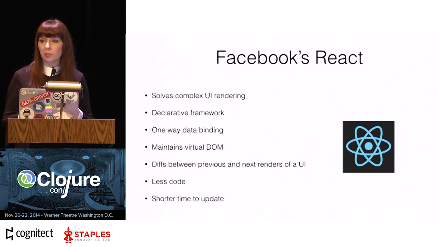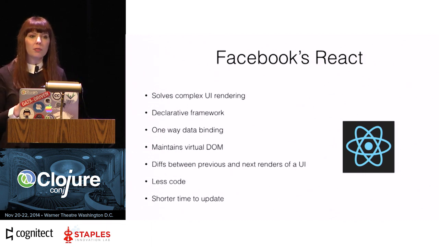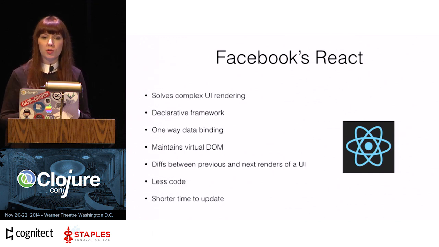So React is an implementation of one-way data binding. The developers describe the document tree, and React takes care of figuring out what needs to be updated. It maintains a fast in-memory representation of the DOM, which we refer to as the virtual DOM. The render methods in React return the description of the DOM.